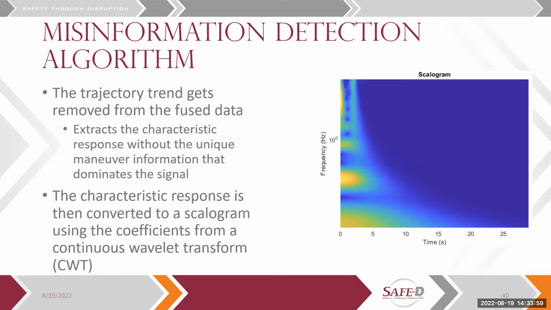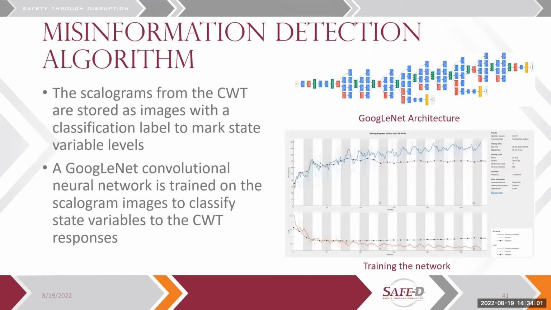And what we actually do is save that as an image, and then we add a classification label to mark the different state variables of degradation. And then we feed that into the GoogleNet convolutional neural network, and we train it according to those classification labels.